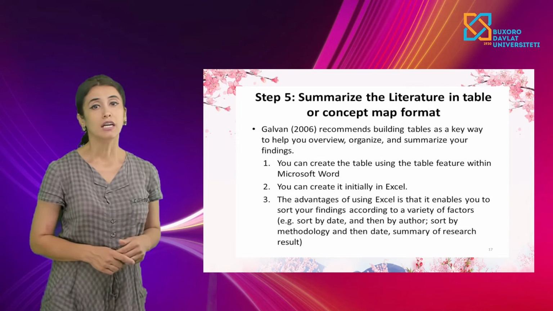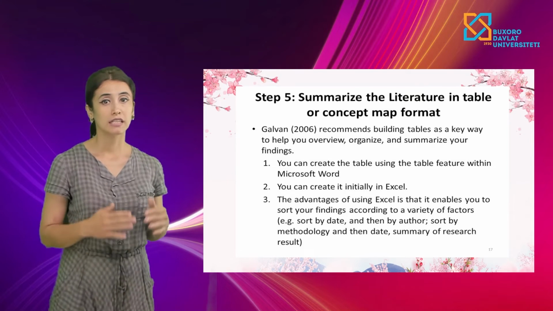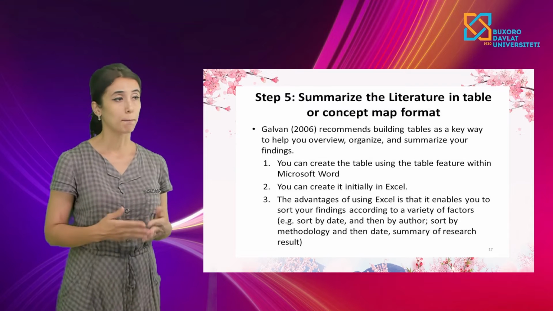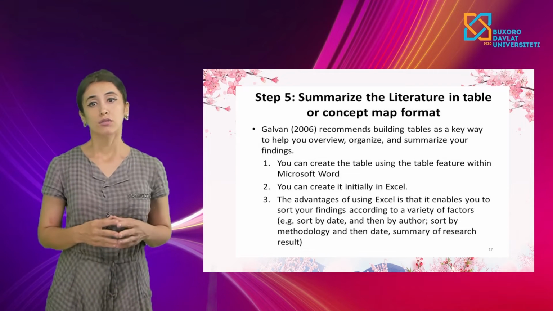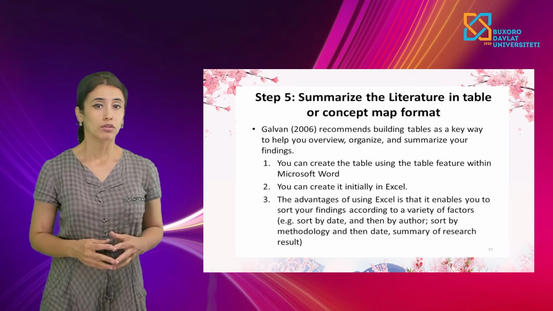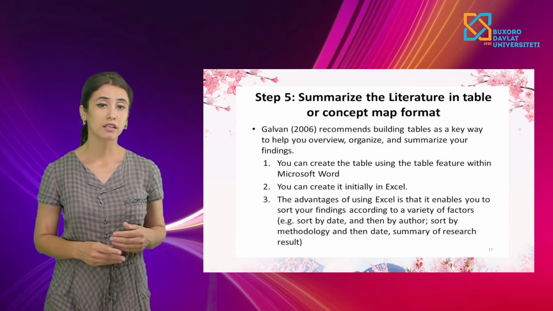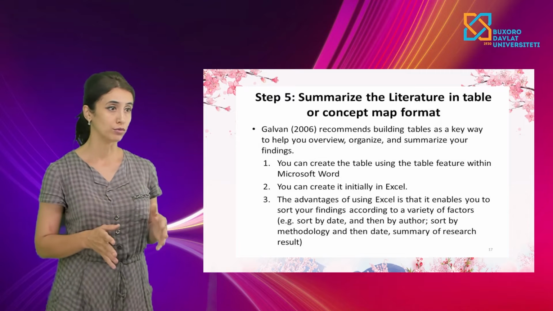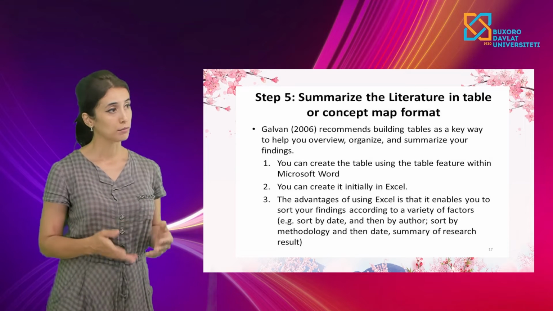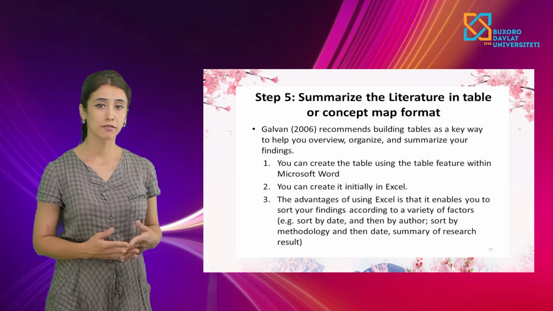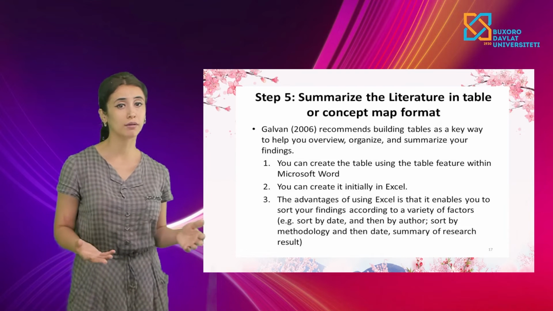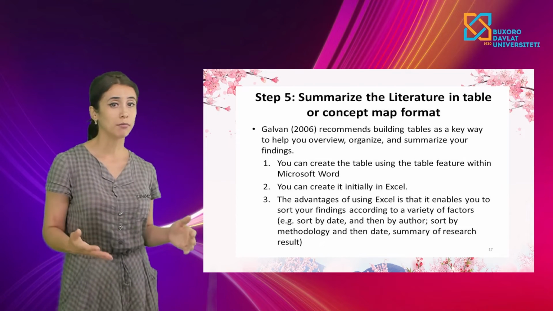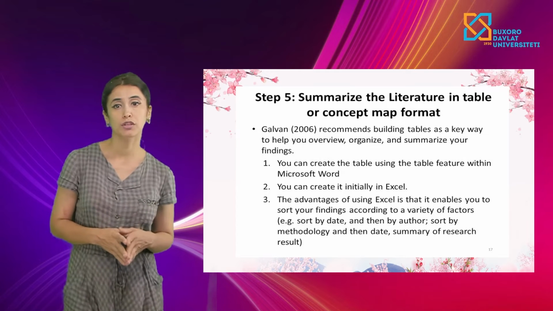Step 5. Summarize the literature in table or concept map format. So, according to Galvin, he recommends building tables as a key way to help you overview, organize, and summarize your findings. The first one, you can create the table using the table feature within Microsoft Word.